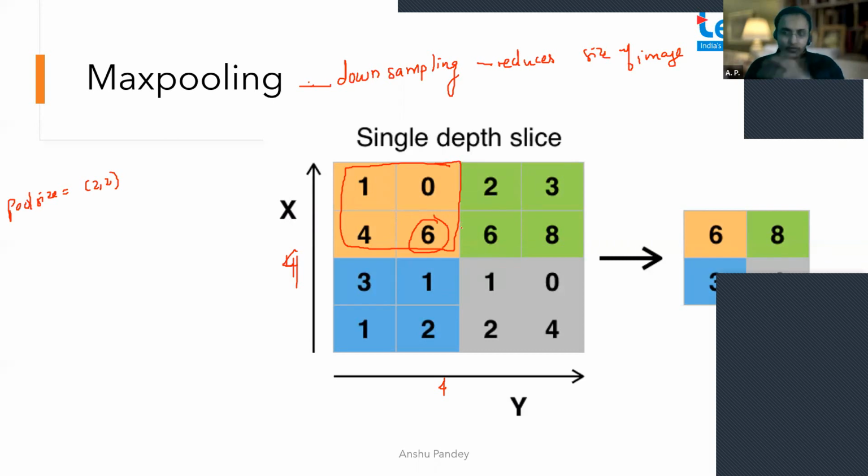So we will represent this 2x2 window by only a single value, 6. We pull the maximum value from this. Similarly, for this 2x2 window, the maximum value is 8, so we will represent this whole window by only one value, which is 8. Similarly, for this 2x2 window, the maximum value is 3, so we will represent this whole window by the single value 3.